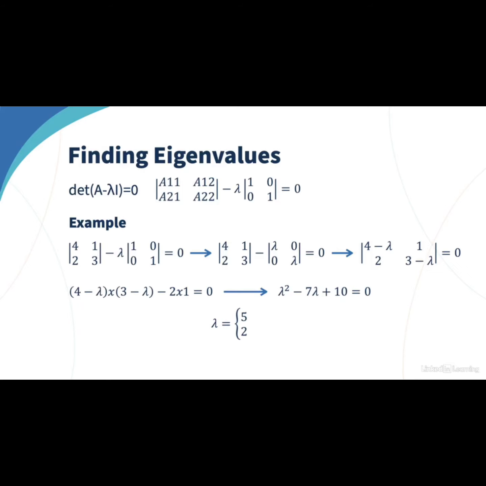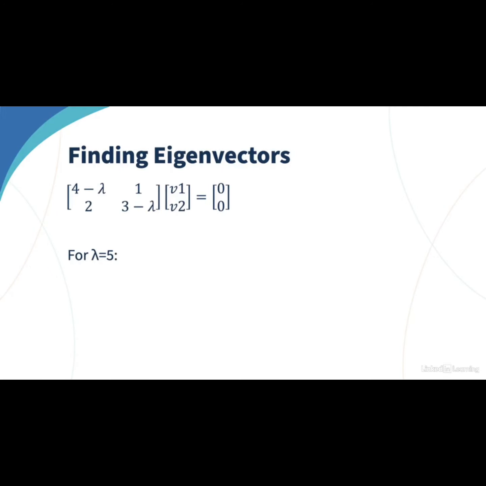So once we have these two values, then we can use these eigenvalues to calculate the eigenvectors. For lambda equal to 5, we find that V1 is equal to V2, where V1 and V2 are the eigenvectors.